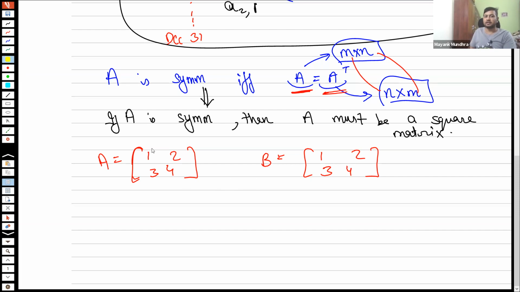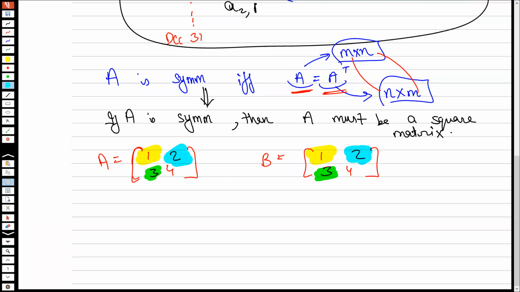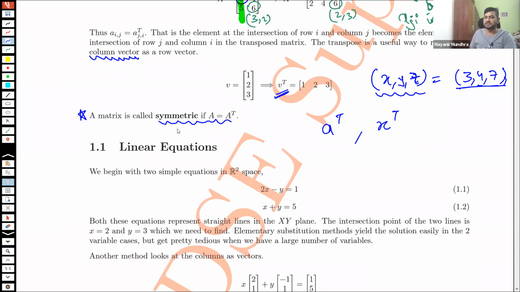Equality means they are the same element by element. Only then we say that the matrices are equal.